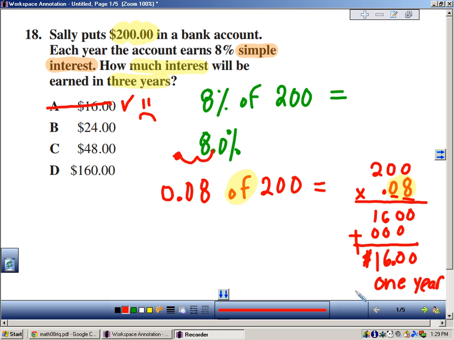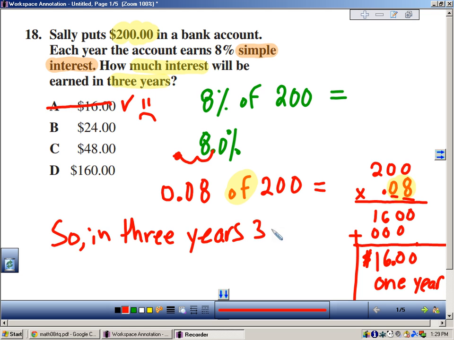And so in 3 years, since this was a 1 year amount, the 3 year amount would be triple, right? So in 3 years, your amount is $48.